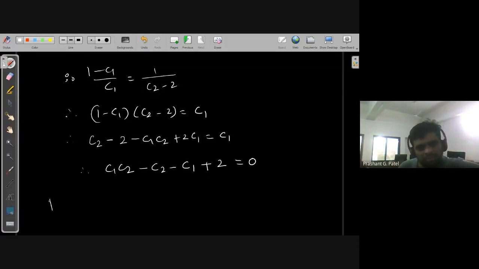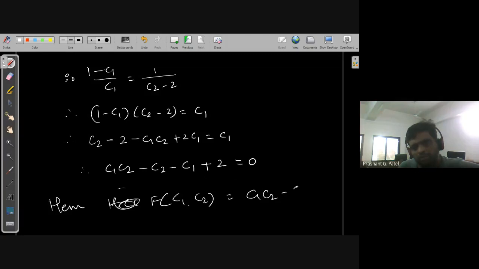Hence we have f of c1, c2 equal to c1c2 minus c2 minus c1 plus 2 equal to 0.